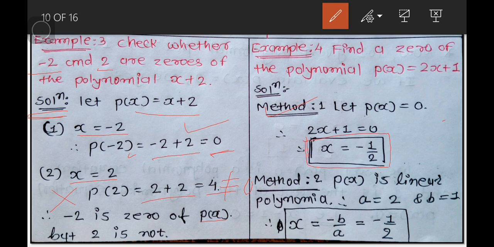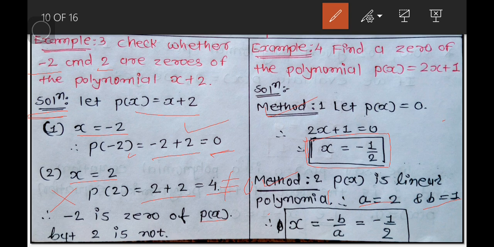polynomial p of x. And method number 2, as we studied previously, p of x is a linear polynomial. So we compare this polynomial with the general form, then we get a is equal to 2 and b is equal to 1.